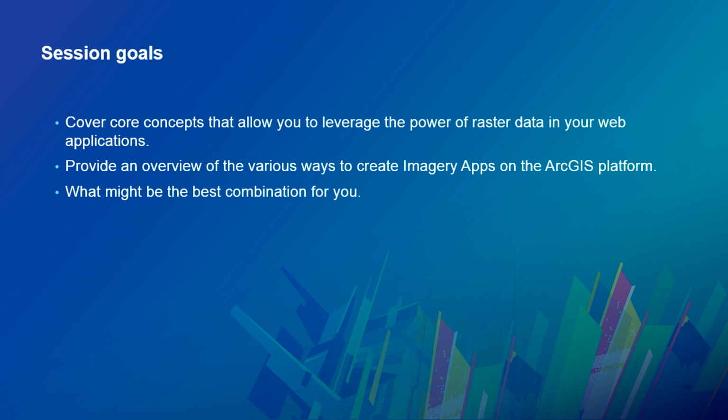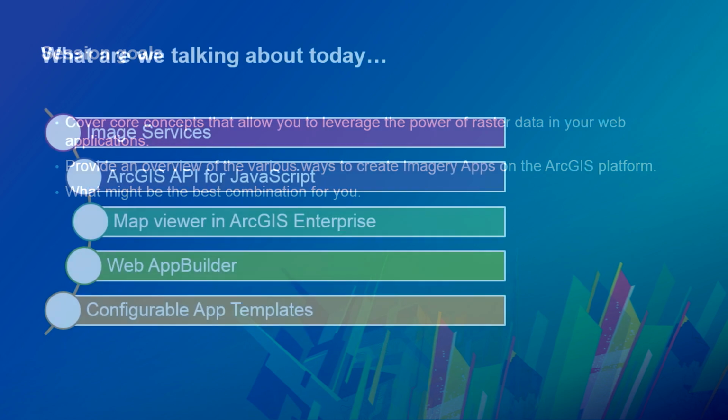Then we will move on to exploring some of the lower threshold ways to get started with your imagery applications. And then we'll look at a couple of considerations when choosing the right combination for you, because they can all be used together to create something through Web AppBuilder and then customize it further. But there are certain considerations, so we'll be taking a brief look at that as well.